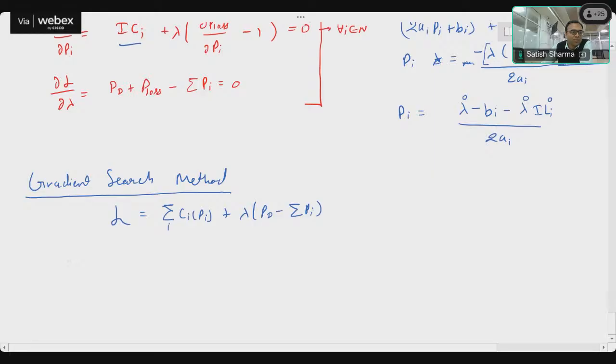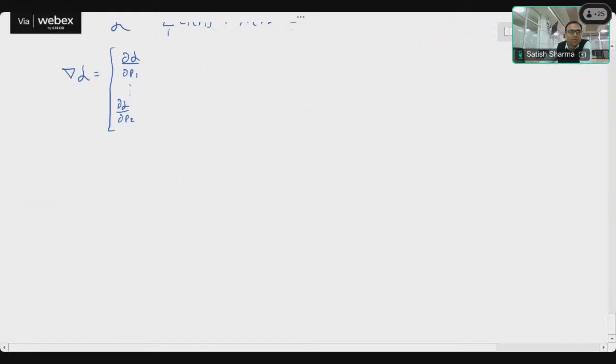The gradient is basically the first order derivative. If I write down the gradient of this Lagrangian function, we will have a vector: the derivative with respect to p1, then the first order derivative with respect to p2, and so on, and we can write del L upon del lambda.